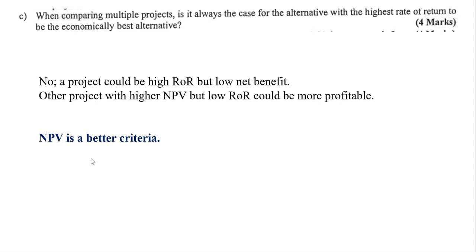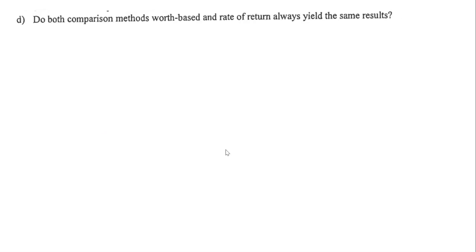So net present value is a better criterion. If the question asks you about this, you have to mention that rate of return is not something you can count on, and that net present value is more reliable for deciding whether a project is profitable or not. So NPV is a better criterion.